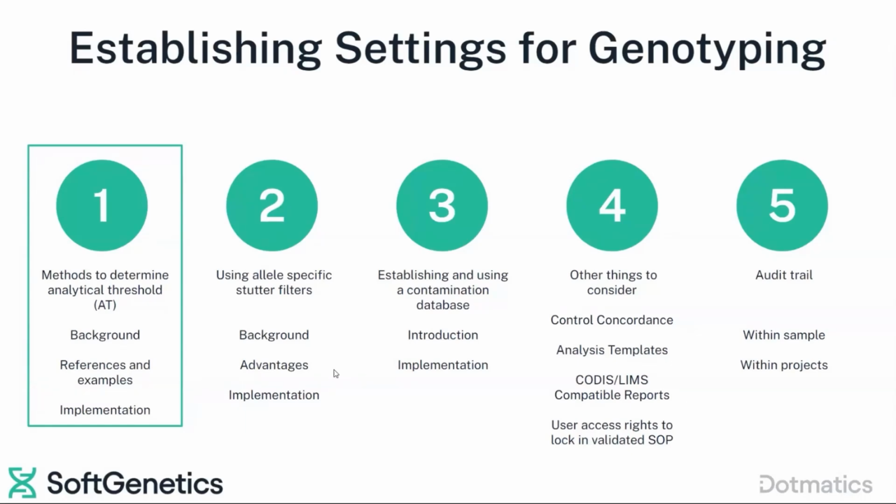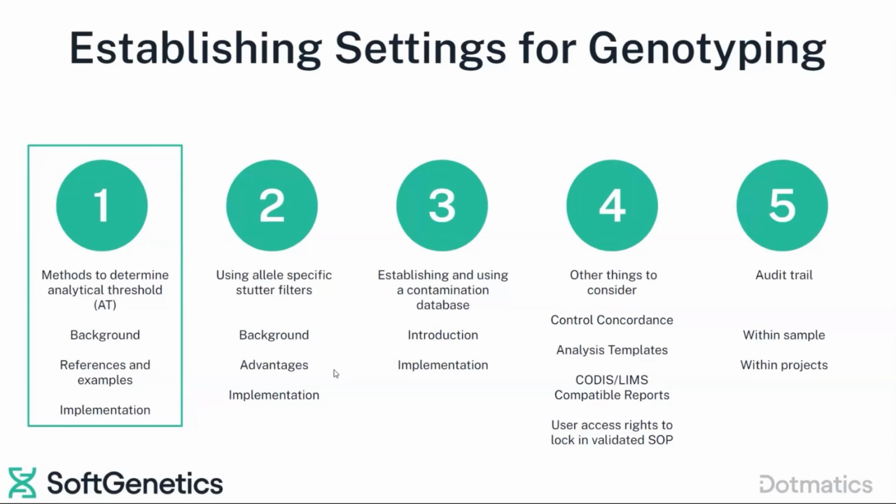Also, we'll look at using allele-specific stutter filters. This is something that GeneMarker HID has had in place since about 2016, I believe, and it's extremely helpful in looking at complex mixtures, and also to provide the best information for your PG mixture analysis.